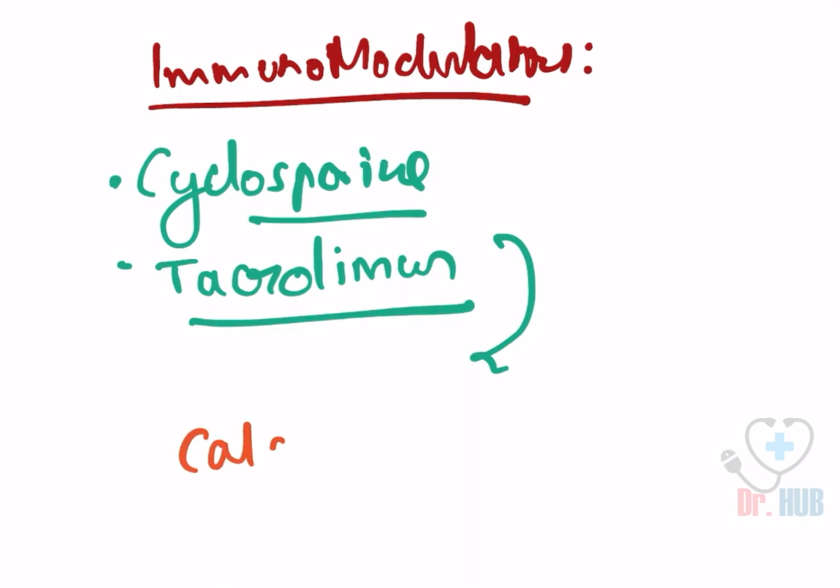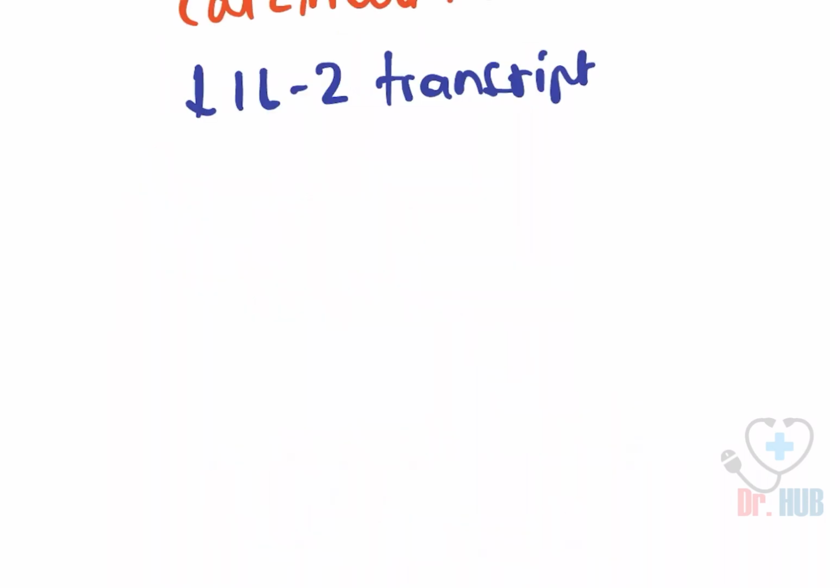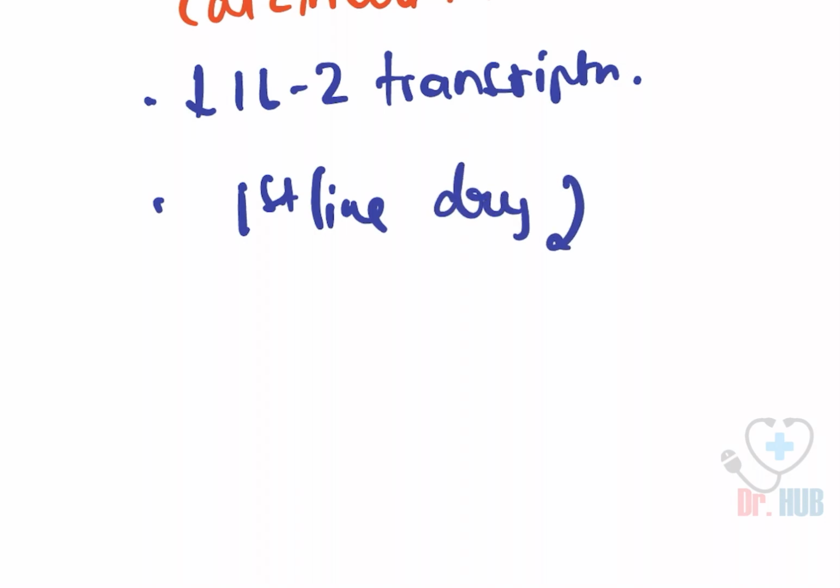It is a calcineurin inhibitor. That is, it reduces the IL-2 transcription, and it is also a first line drug for the GVHD.